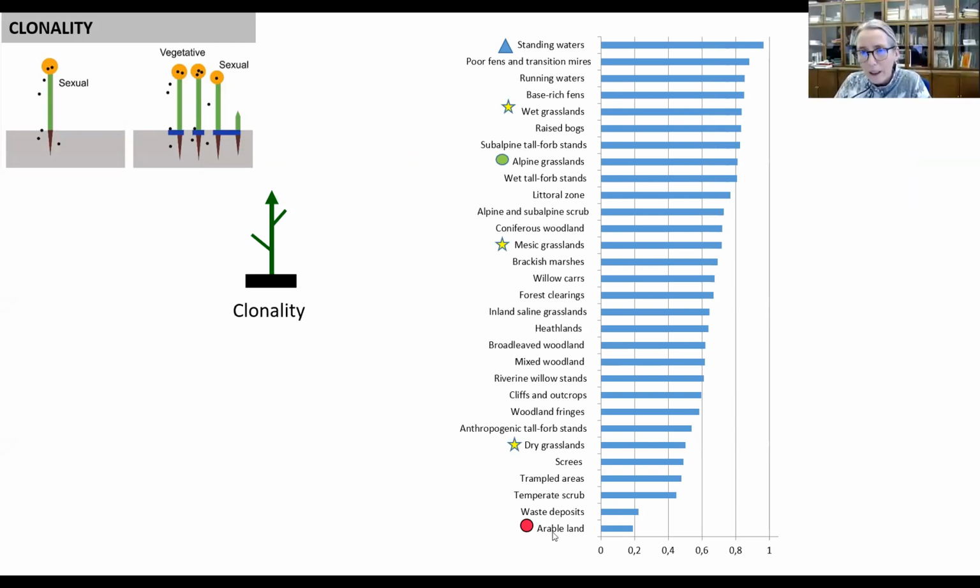They are listed here according to the number or percentage of clonal plants. You can see nearly 100% of clonal plants are in standing waters and other very wet communities: poor fens and mires, running waters, fens, wet grassland, bogs. Those are communities with a high percentage of clonal plants, whereas these ruderal communities, which are often disturbed, have a low number of clonal plants.